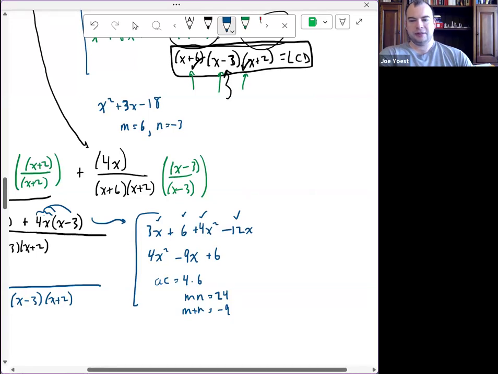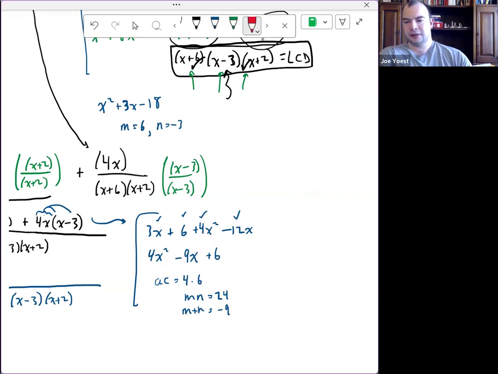Well, I see that to have m times n be positive 24, I need to have the same sign. To have m plus n be negative 9, they need to both be negative.